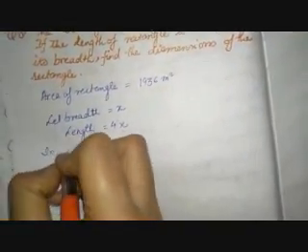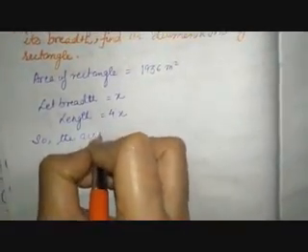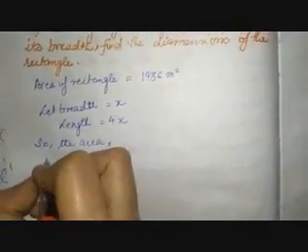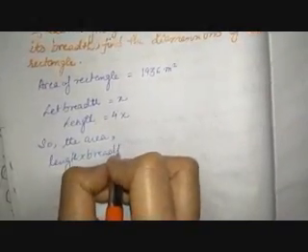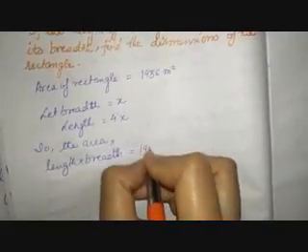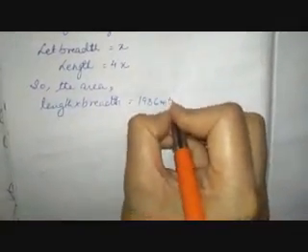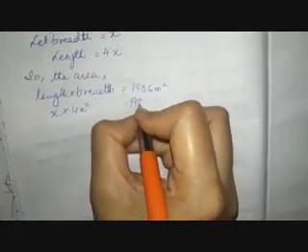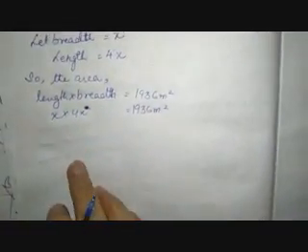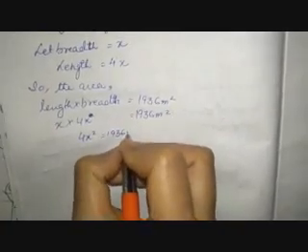So the area can be written as length into breadth is equal to 1936 meter square. I can write it like x into 4x is equal to 1936 meter square. I can write it like 4x square is equal to 1936 meter square.